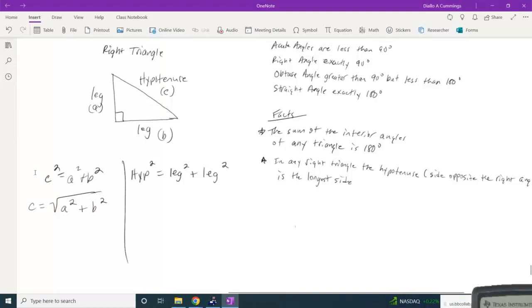The square root and the square cancel, which gives me C, and on the other side I have the square root of A squared plus B squared. With hypotenuse, leg, and leg, the hypotenuse is equal to the square root of 1 leg squared plus another leg squared.